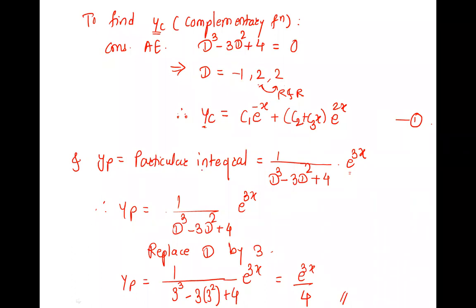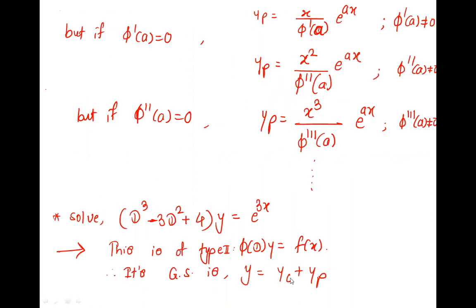Okay, now we have YC and we have YP. So you have to write it together for the solution, as we have written here. YC plus YP is the solution. Therefore, the general solution is y is equal to yc plus yp.